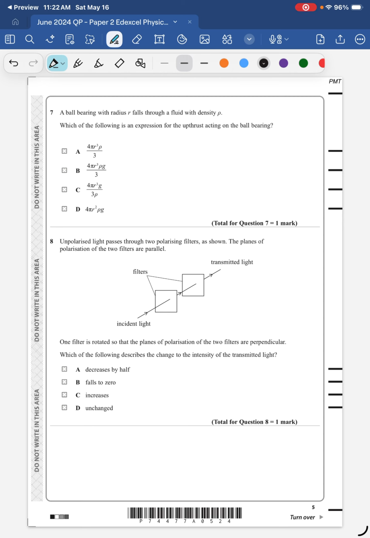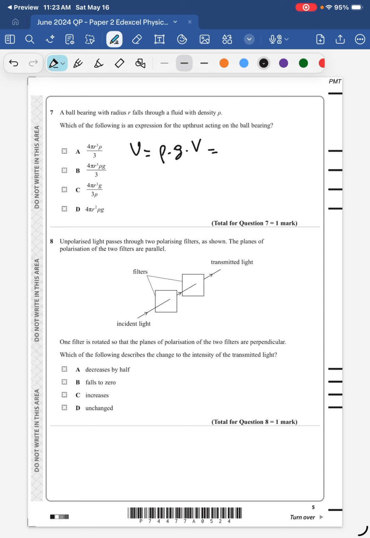Question 7. A ball bearing with radius r falls through a fluid with density rho. Which of the following is an expression for the upthrust acting on the ball bearing? Upthrust is given by the density of the fluid times g times the volume of the ball bearing, because rho times V is the mass of the displaced liquid, so m times g is the weight of the displaced liquid.